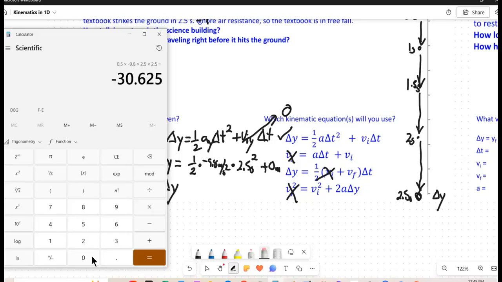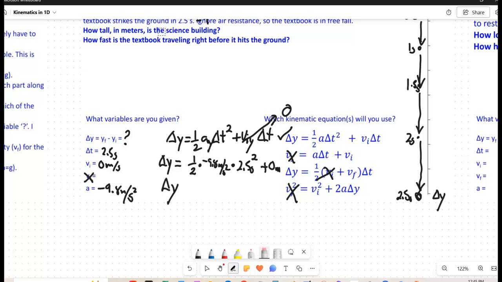That's 2.5 squared. So it's going to fall down negative 30.625 meters. I try not to round too much, or if I do, I round out to the fourth place. Negative 30.625 meters. All right. Well, now we know its displacement in the y direction.